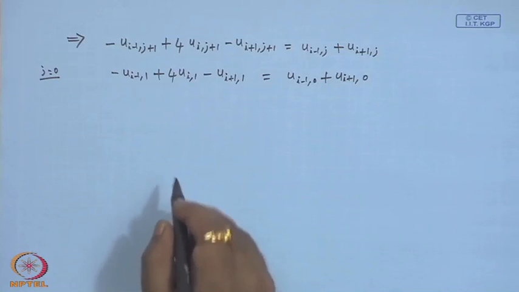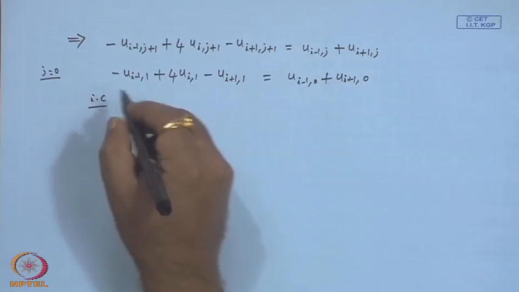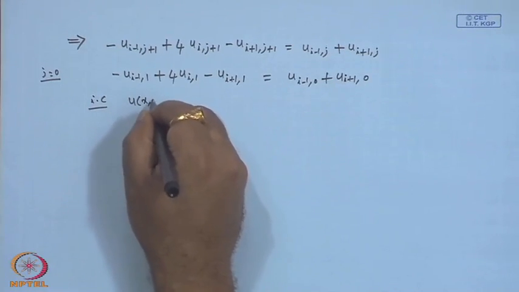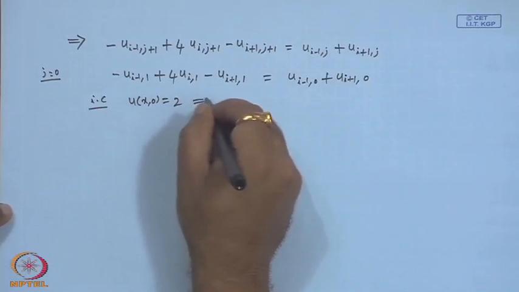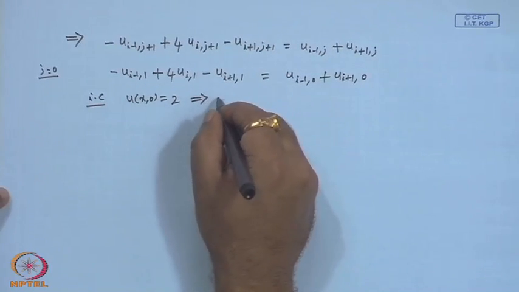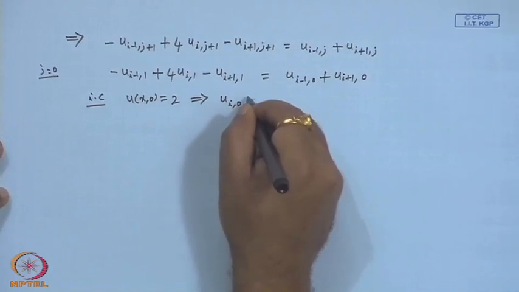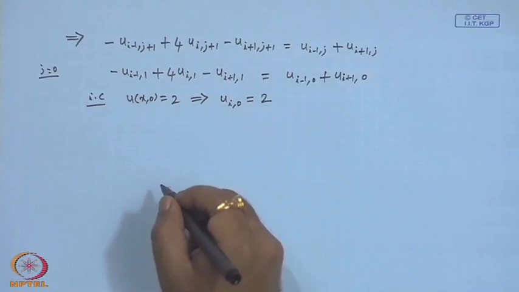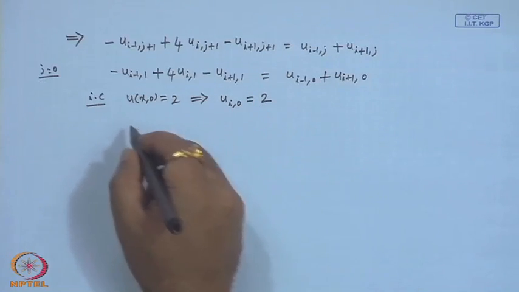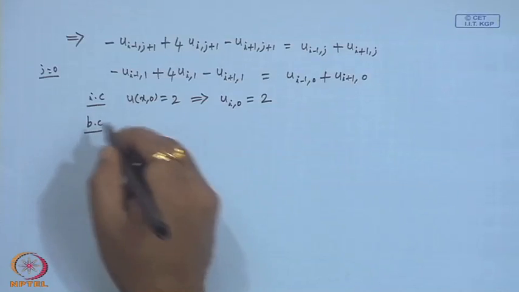Okay. Now, our initial condition implies u equals to 2 and boundary condition.